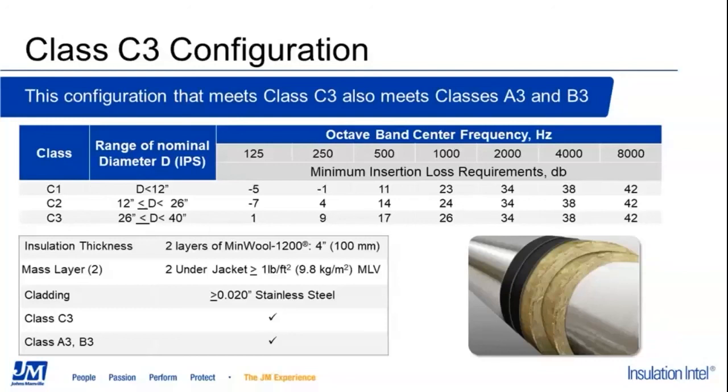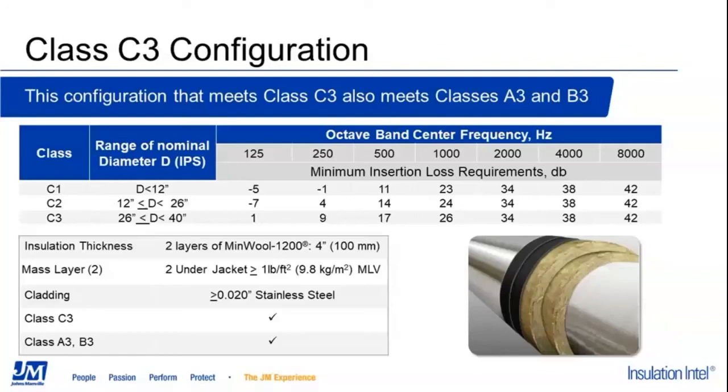Now you could utilize a single layer of 2 pound vinyl instead of 2 layers of 1 pound. But we did it with the 1 pound for this testing because, again, we were working with the larger pipe diameters, and that lighter material was easier to work with in the installation process and setting up for the testing.